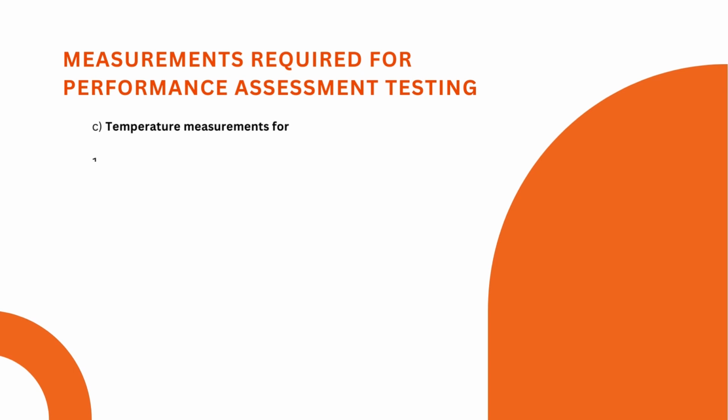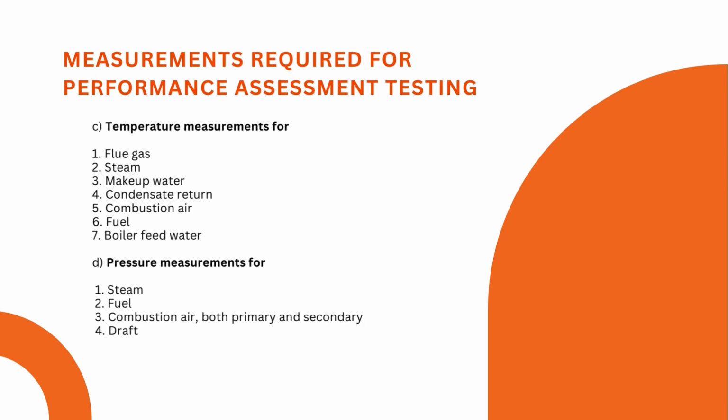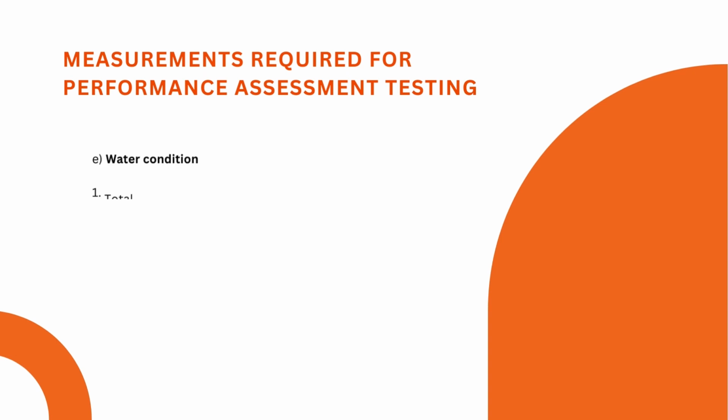C. Temperature measurements for flue gas, steam, makeup water, condensate return, combustion air, fuel, boiler feed water. Pressure measurements for steam, fuel, combustion air, both primary and secondary. Draft. And the last one is water condition, which consists of total dissolved solids (TDS), pH, blow down rate and quantity.